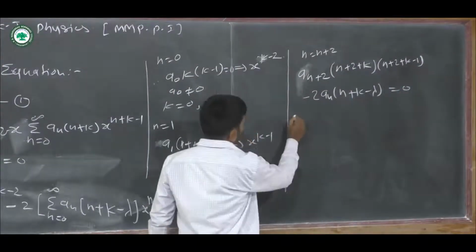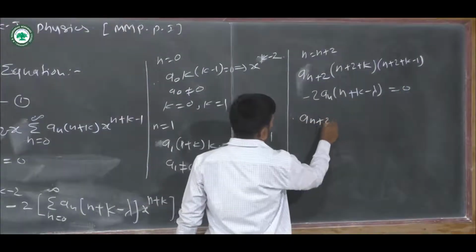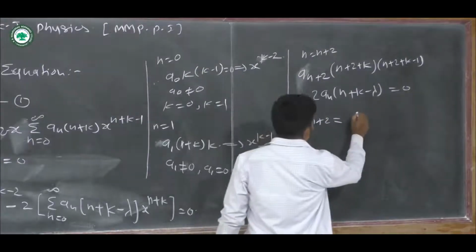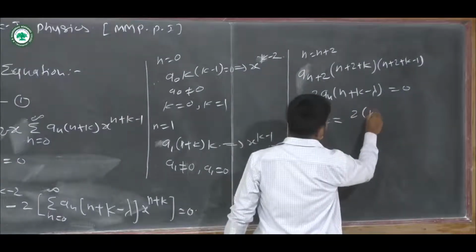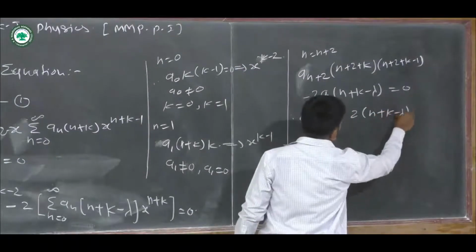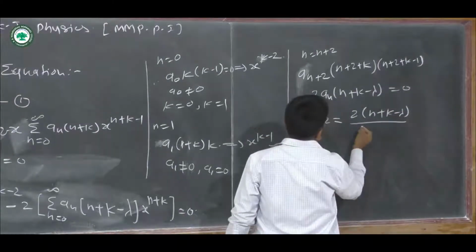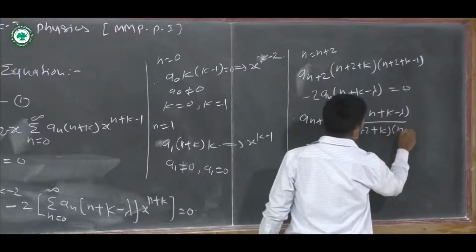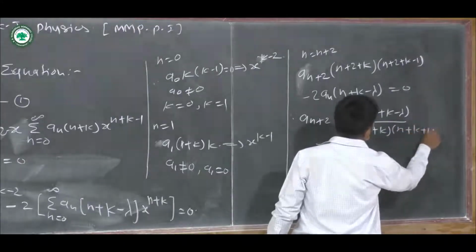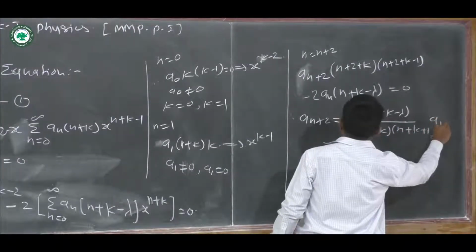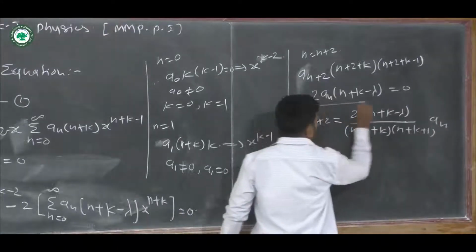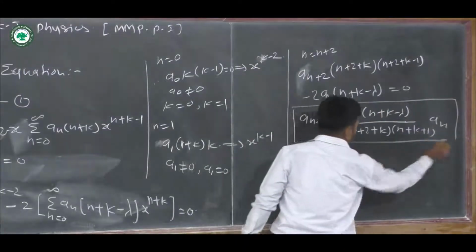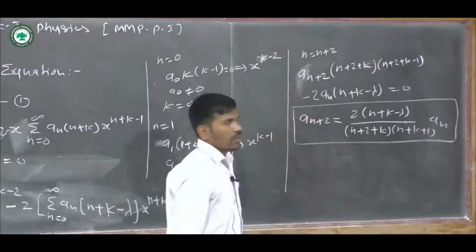From this, a n plus 2 is equal to 2 into n plus k minus lambda divided by n plus 2 plus k into n plus k plus 1, times a n. This is the recursion relation to find the coefficients.